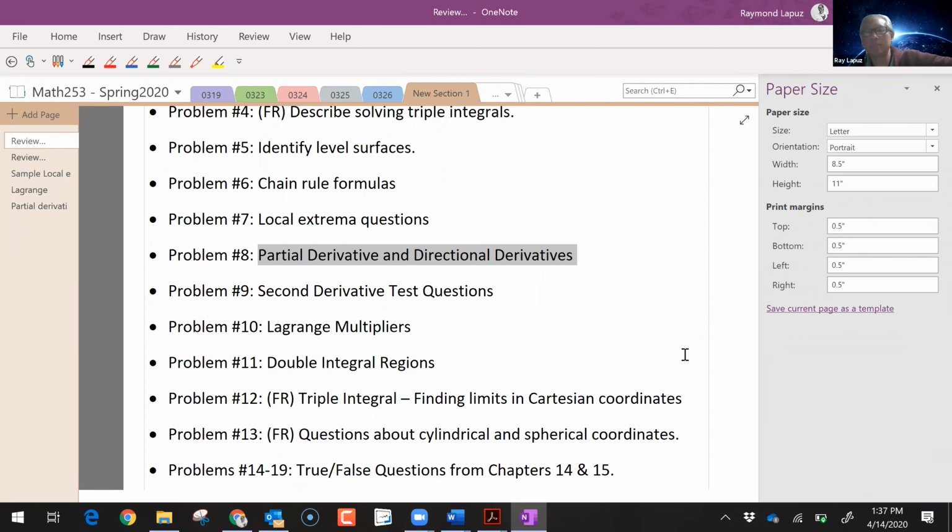There's one, when using Lagrange multipliers to find the extreme values of f of x equals xy, subject to the constraint, and then you give a function, we can examine the level curves of f of x and the graph of the constraint g of xy equals 0. Yeah.